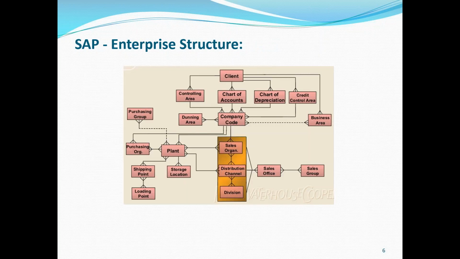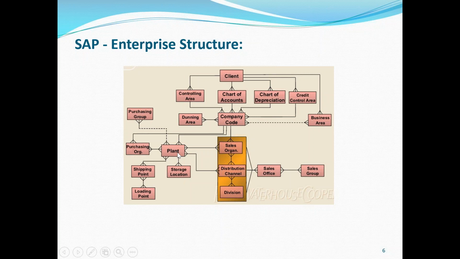If you look at the enterprise structure, as you can see here, the top one contains the organizational elements related to FICO, the left side contains the organizational elements of materials management, and the bottom side contains the organizational elements of sales and distribution. In our training, we will be focusing on the MM module.